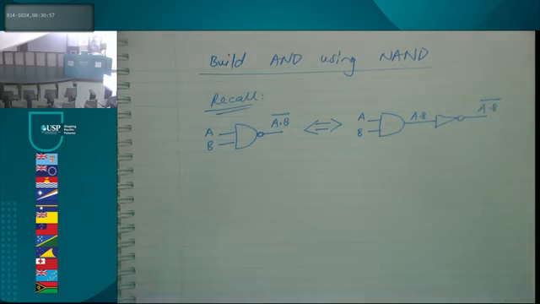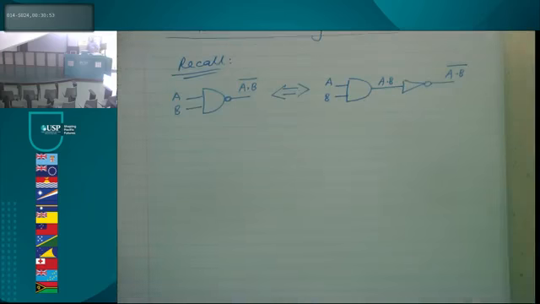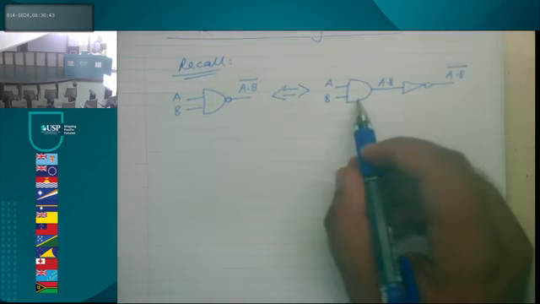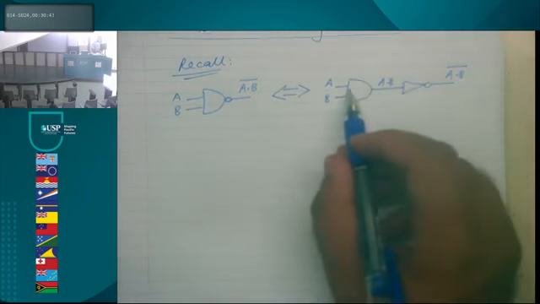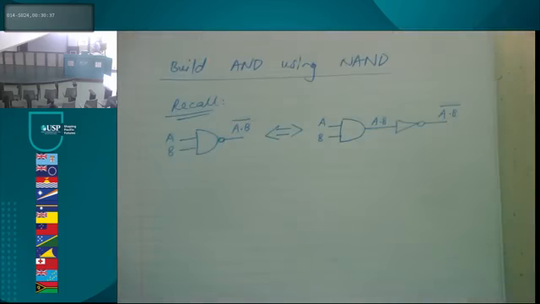Now, obviously, what can we do? What have we just learned just 2 minutes ago? The NOT gate can be replaced with a NAND gate. You can build your NOT gate using a NAND gate. All right? But, hey, hang on. The question says build AND using only NAND. Maybe the word only is missing. Right?